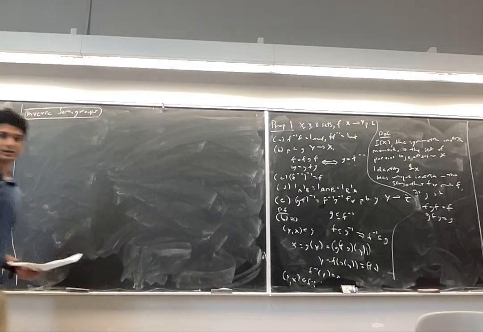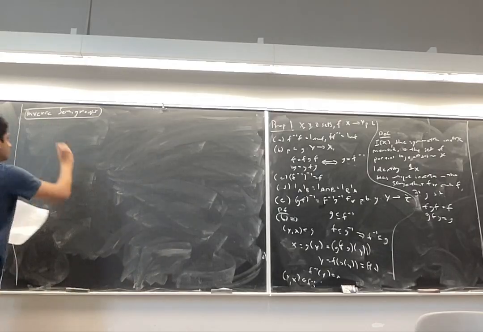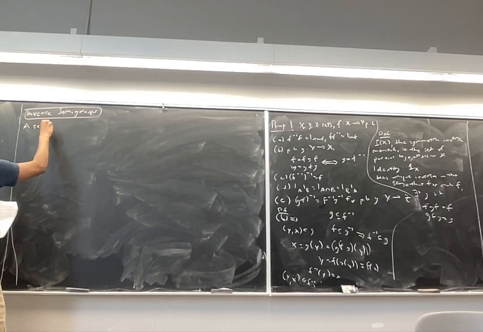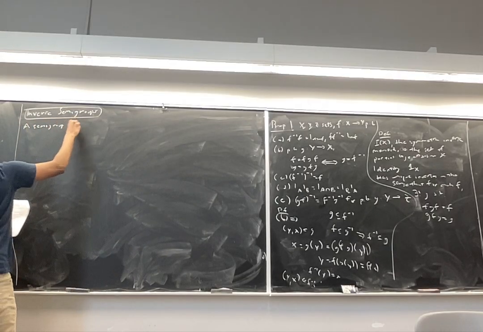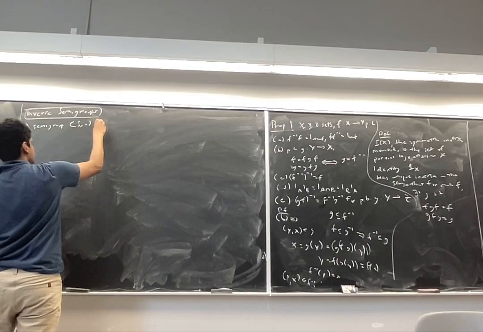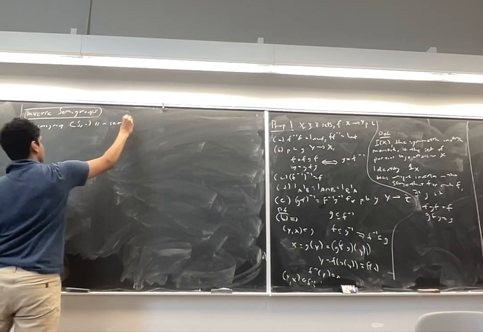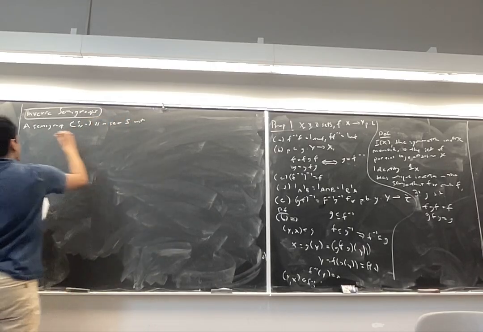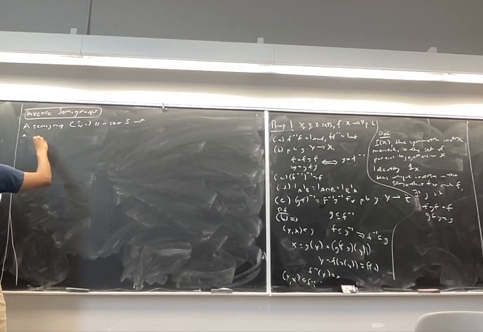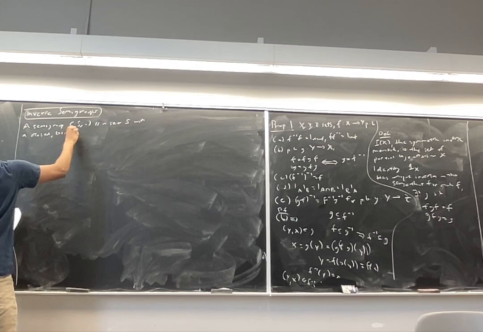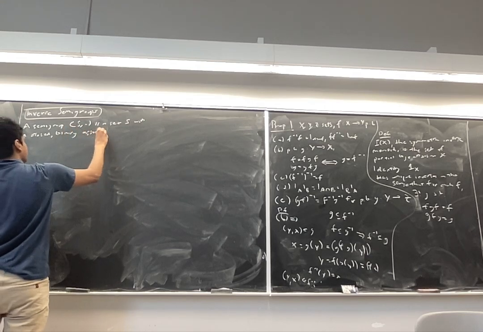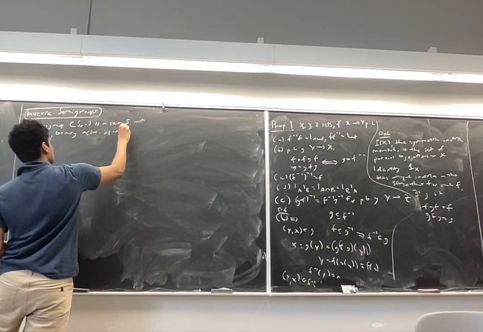So let's first begin by defining a semigroup. A semigroup S with an operation is a set S with a closed binary associative operation dot.